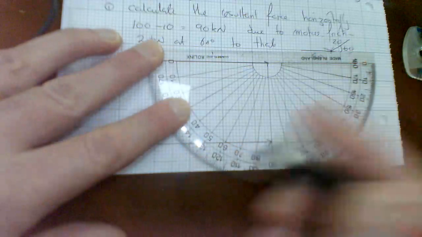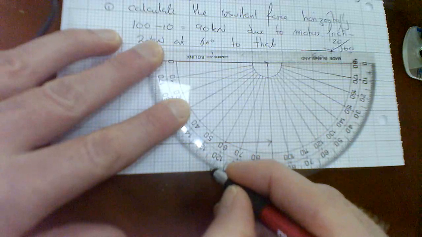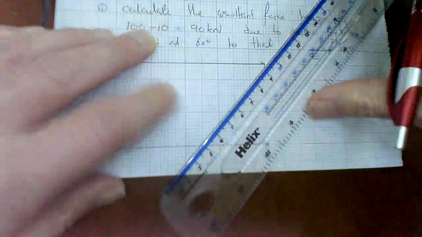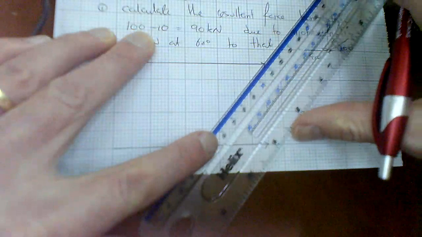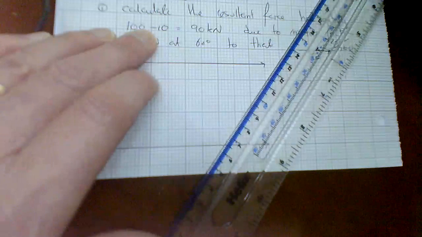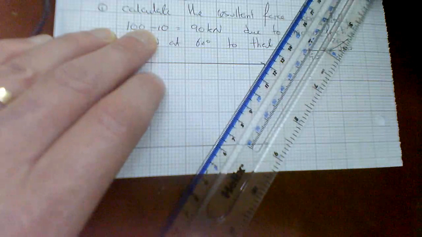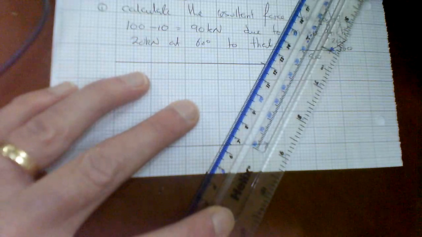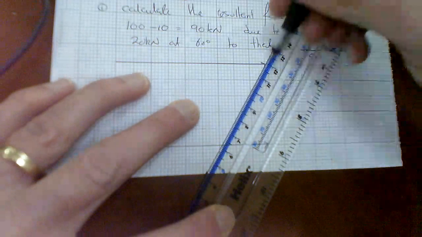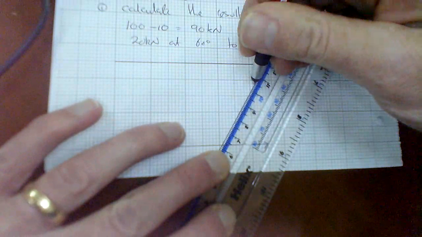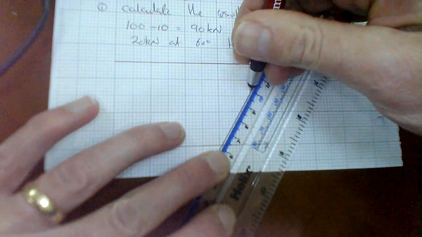So there's 60 degrees there, and I want 2 centimeters. So if I put the 12 centimeter mark on the end, and I come down to the 10 centimeter mark there.